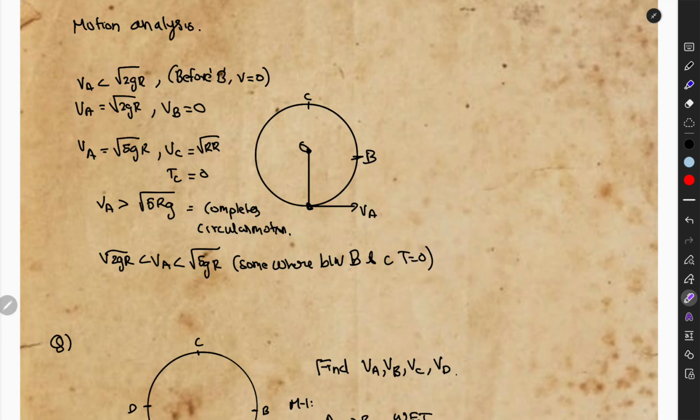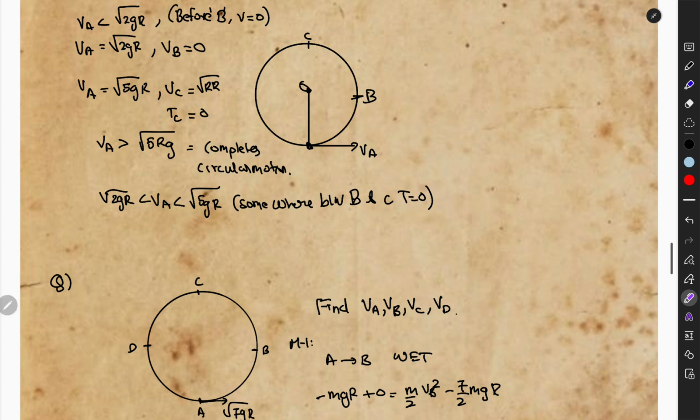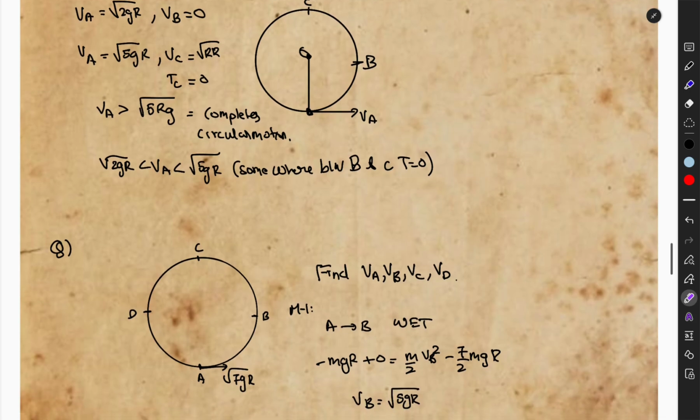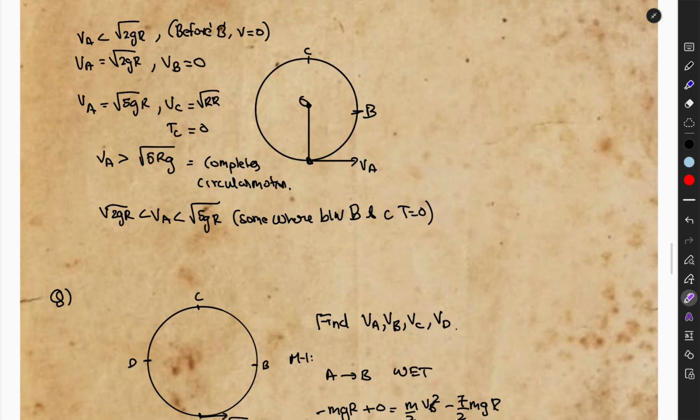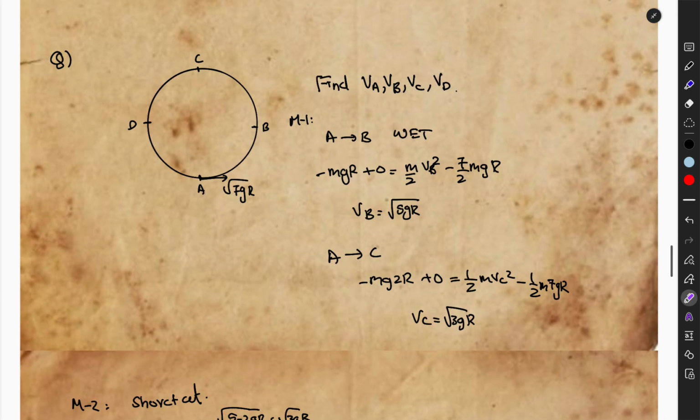So tension at c will be equal to 0. So it will be somewhere between b and c when you give a velocity in between root 2gr and root 5gr. And when you give definitely above root 5gr, it will definitely complete the circular motion, right?